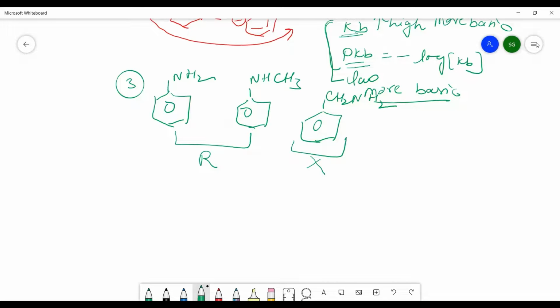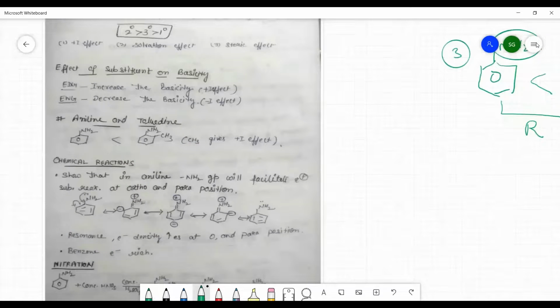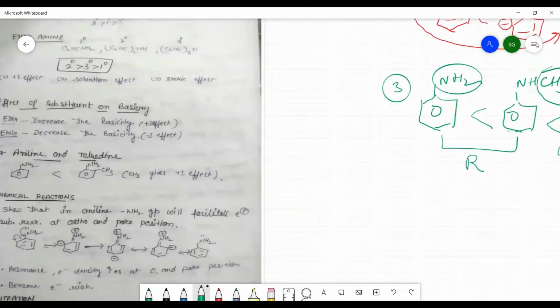So you can say the benzyl amine has the highest Kb value, meaning it is more basic in nature. And among these two, there is a CH3 group present, which is an electron donating group. So it will increase the electron density around the nitrogen atom, and it is more basic in nature as compared to aniline. In that manner, you can compare the basic nature of any molecule in the gaseous phase.